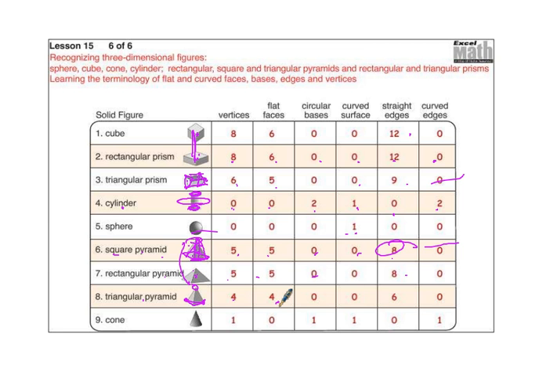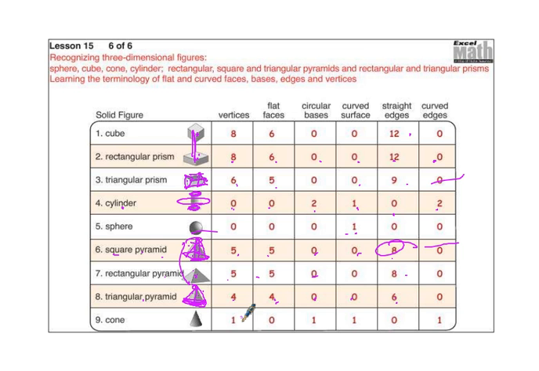And then we have 4 flat faces because we have a triangle as the base, and then 1, 2, 3 around the top. That's 3 plus 1, 4 faces on that, or flat faces. No circular bases, no curved surfaces. Straight edges, we have 3 lines going up and 3 lines going around the bottom, making a total of 6 straight edges and no curved edges.